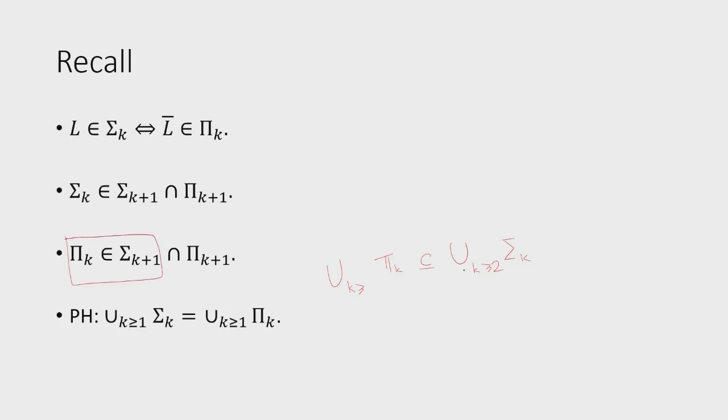And now this is contained in the union over k greater than or equal to 1 of sigma k. So we have shown that this set is contained in this set. Similarly, using the exact same argument, you can show that this is also true, and that would mean that these two are the same. And so we can define PH in both these ways.